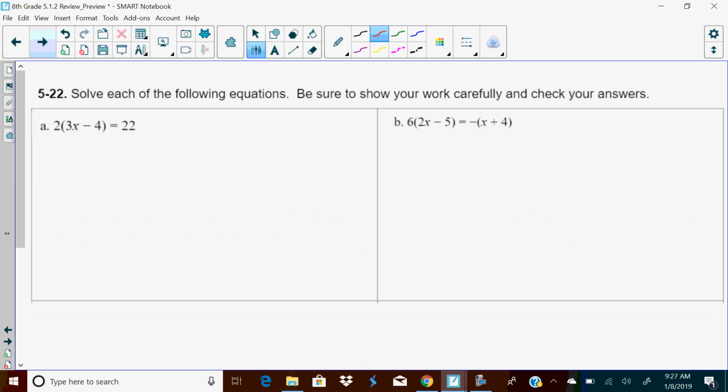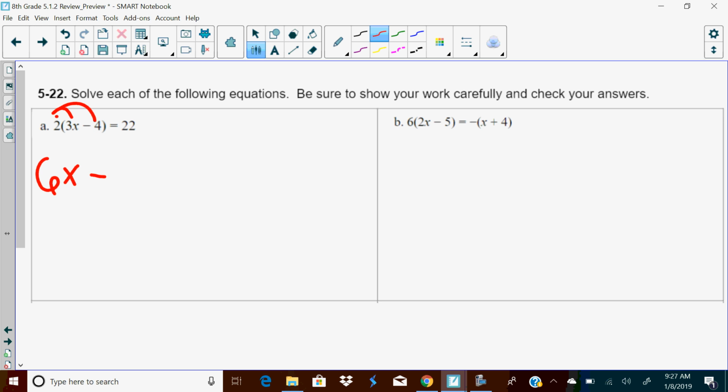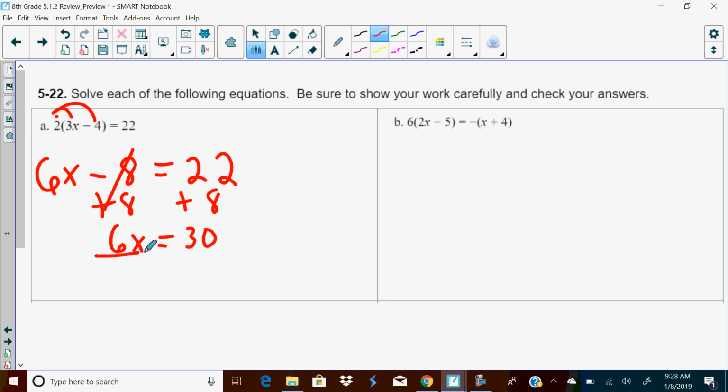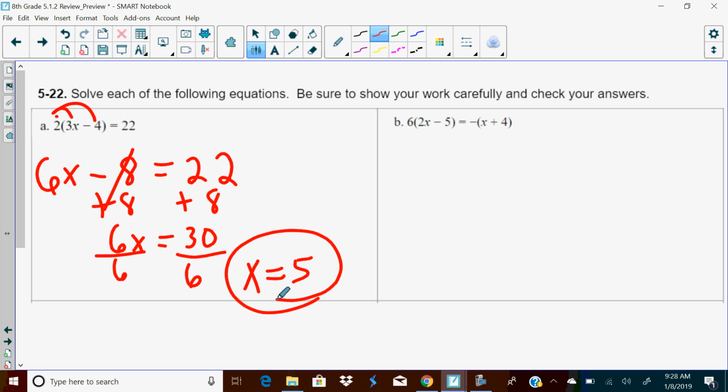Problem 22, solve these equations. So for A, I'm going to distribute the 2 and get 6x minus 8 equals 22. Add 8. And 6x equals 30. So x equals 5. For B, I'm going to distribute 6.